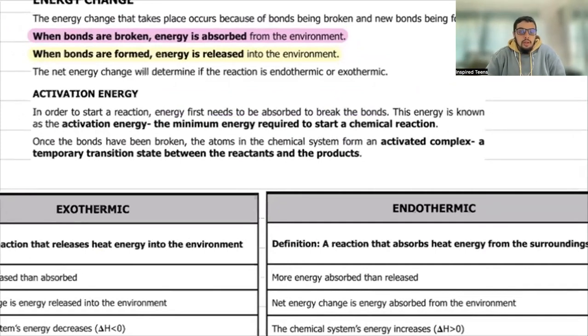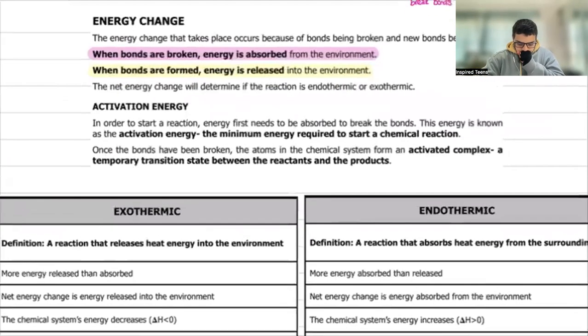Because if we want to use these reactants to form products, we have to break the bonds of the reactants. That initial energy required to break the bonds of the reactants is known as the activation energy. It is sort of the energy that activates the reaction, if we want to put it that way.